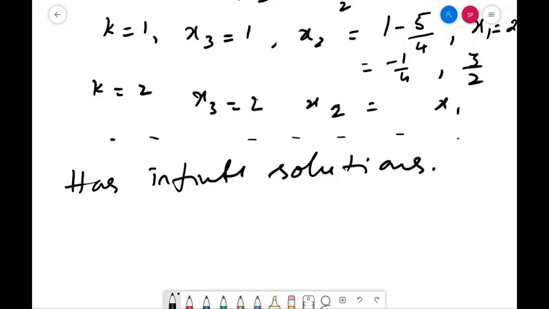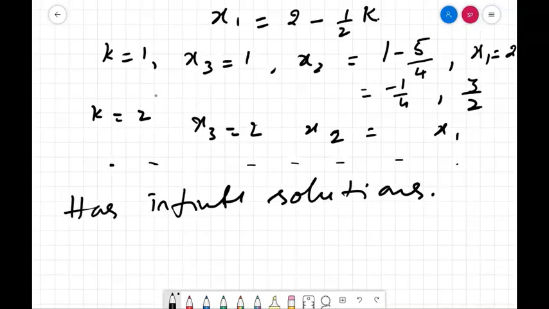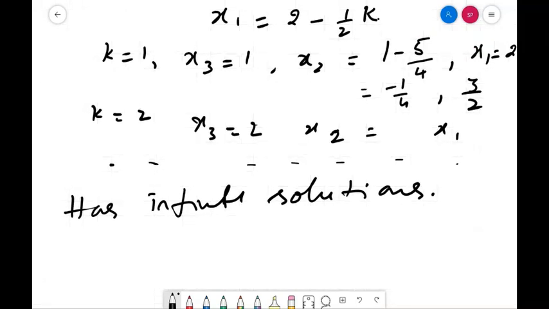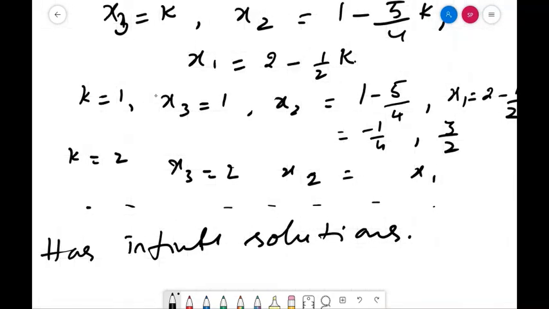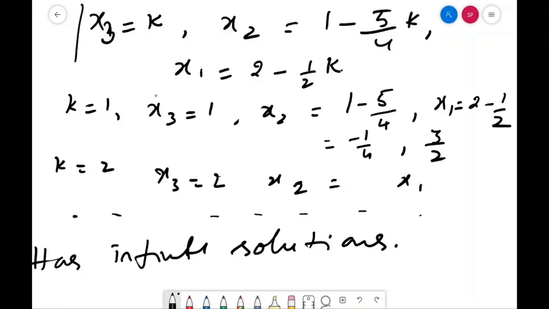We are not giving exactly what the solutions are, we are only giving a formula to find the infinite solutions, that is x3 is k, x2 is 1 minus 5 by 4 k, and x1 is 2 minus 1 by 2 k. We can also observe this using the basic variables and free variables.